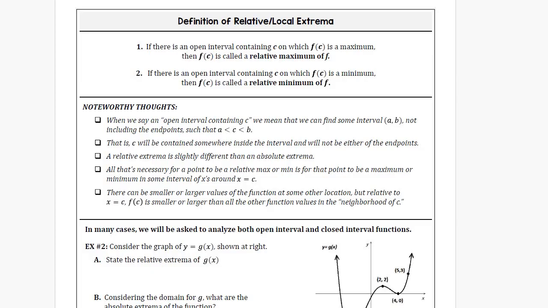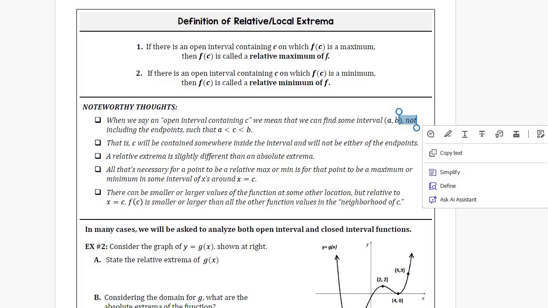The biggest thing to take away is that it does not include the endpoints, so our relative extrema cannot be endpoints. However, our absolute could still be at our endpoints.